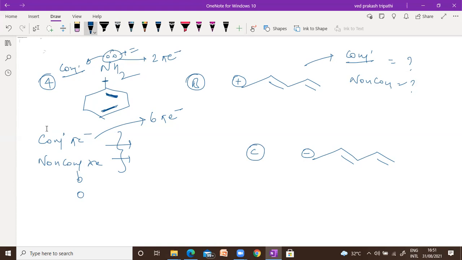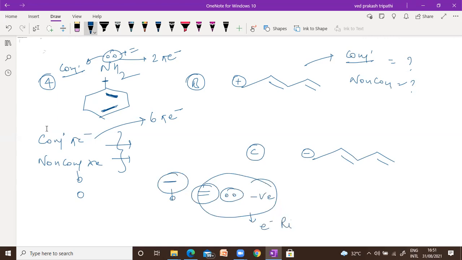As you can see, in resonance single bond is not taking part. So whenever you have a pi electron, means it can be present in double bond, it can be present in lone pair, and it can be present in negative charge. Pi is a electron rich species. It has more electron. So it can take part in resonance. That's the mean of pi electron.